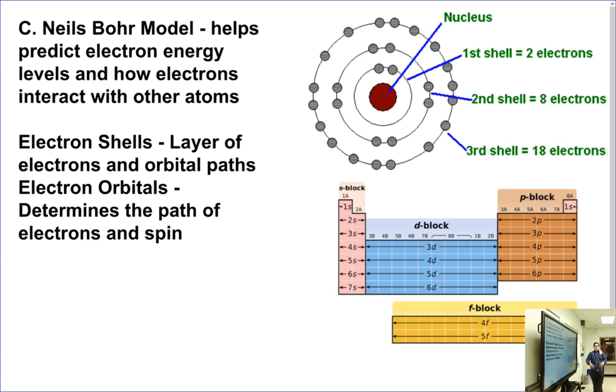Inside of that, we can now look at our orbitals. Your orbitals are the S, P, D, and F, the things we just wrote on our periodic table. That tells us what orbital we're in.